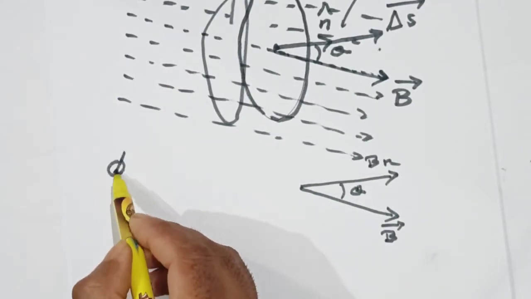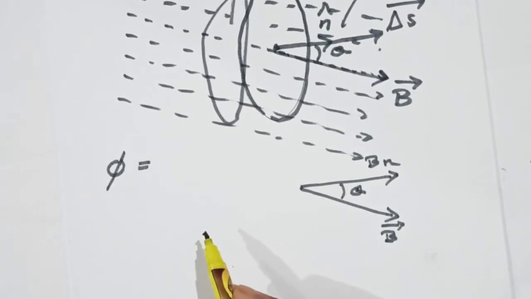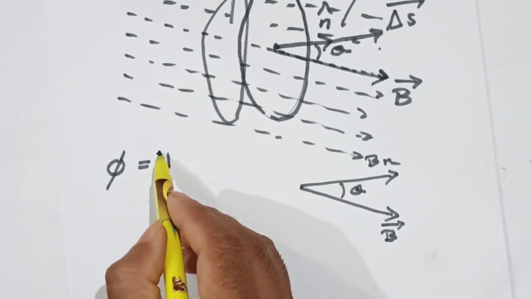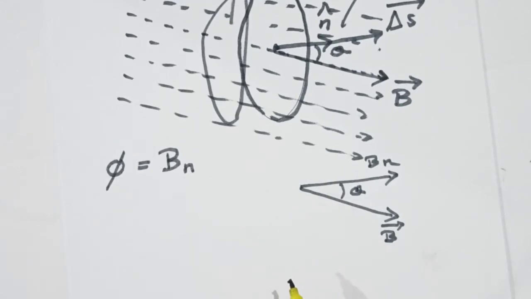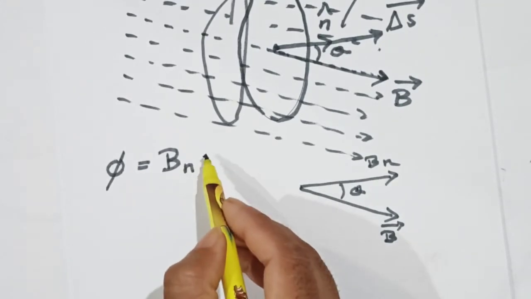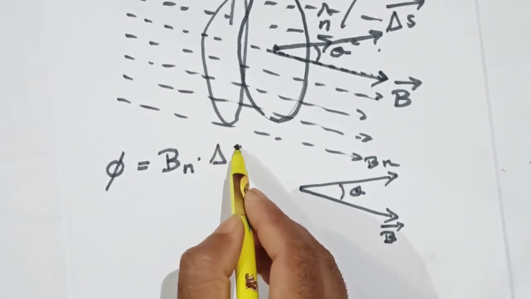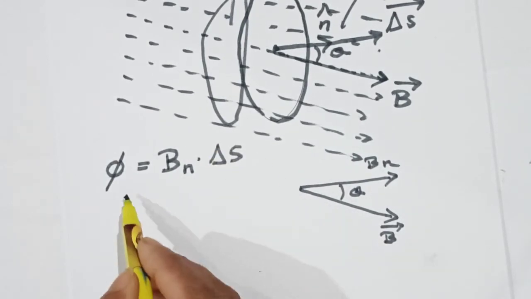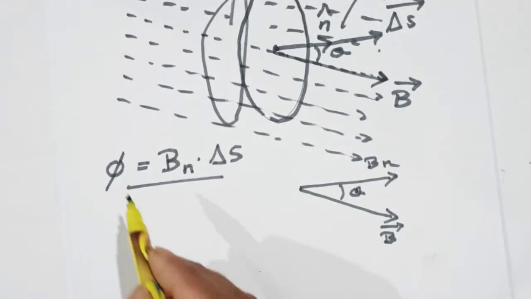It is the product of the component of the magnetic field along the normal to the surface area. This is the component of the magnetic field along the normal to the surface area. It is the product with the surface area. So this is the expression of magnetic flux.